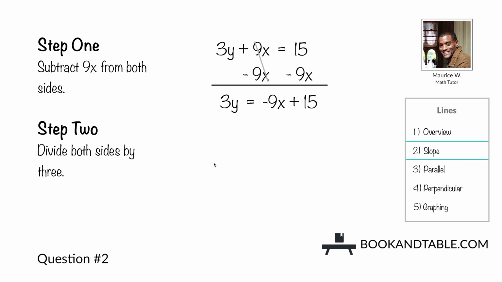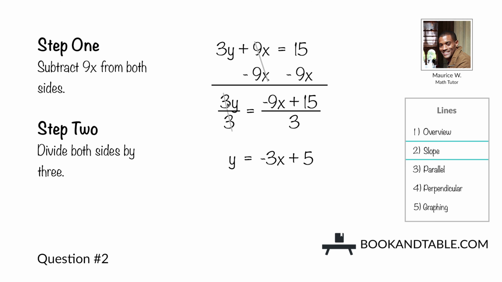Question number 2. We were given 3y plus 9x is equal to 15. We want to isolate this y, so the first thing we do is negate this 9x. So step 1, subtract 9x from both sides. That gives you negative 9x plus 15 on the right side, 3y on the left side. Step 2, divide both sides by 3.